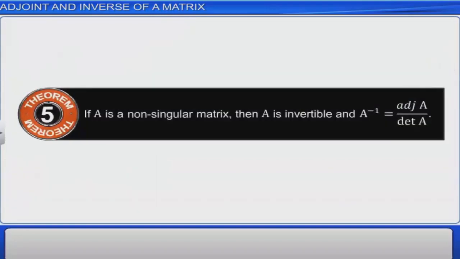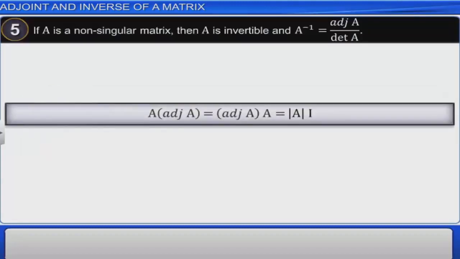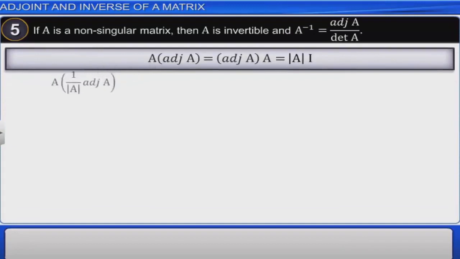It says, if A is a non-singular matrix, then A is invertible, and A inverse is equal to adjoint of A divided by determinant of A. By Theorem 1, we know that A into adjoint of A is equal to adjoint of A into A, which is equal to determinant of A into the identity matrix. On dividing both the sides by determinant of A, we get the expression as shown.